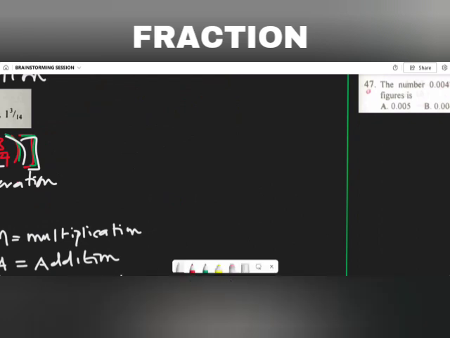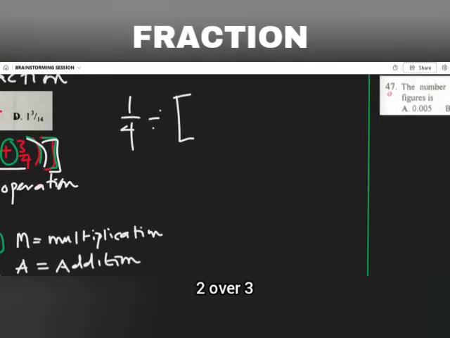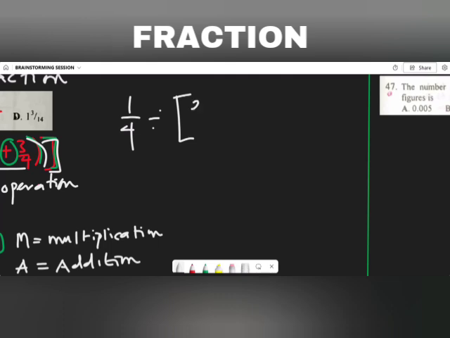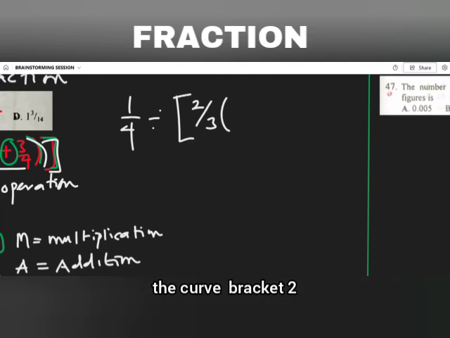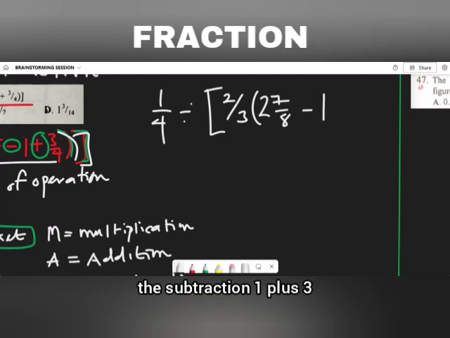We have 1 over 4 divided by a square bracket 2 over 3, then a curved bracket 2 and 7 over 8, then subtraction 1 plus 3 over 4.